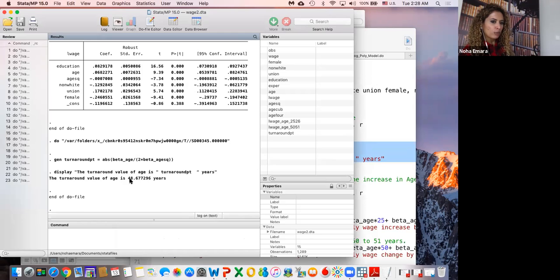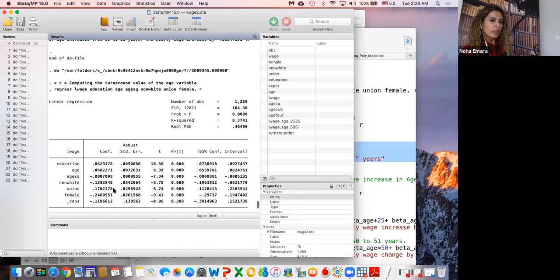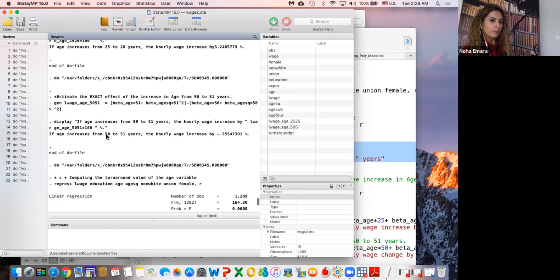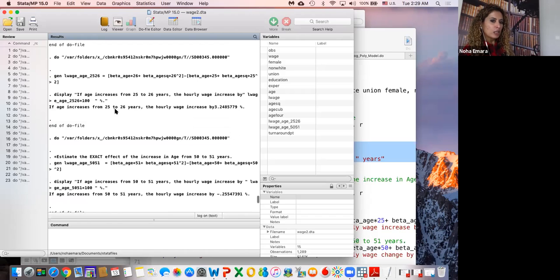So the turnaround point is telling me after the age of 48.68 approximately, the effect is negative. Any person below 48.68 would have a positive impact on wage. And that's what we see here. 50 to 51 are above the cutoff point, or the turnaround point, and that's why we're getting a negative result. This one is below the cutoff or turnaround point, and we're getting a positive result.